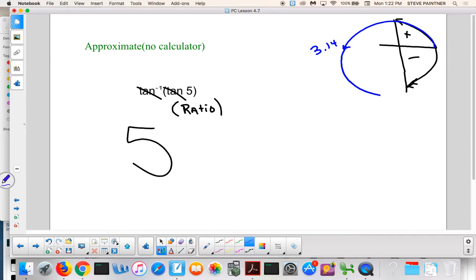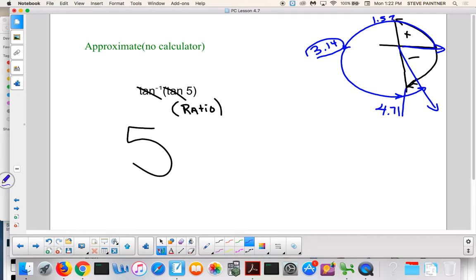If you go to 270, that's 4.71, and 6.28 is way over here. Where's 5? It's on the other side. It's right here.